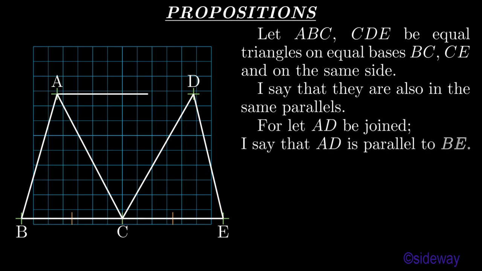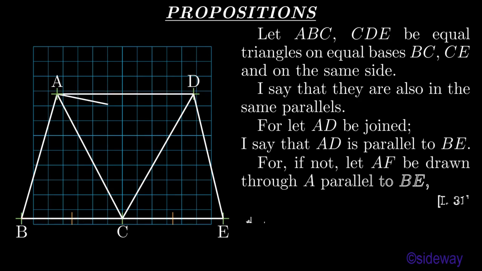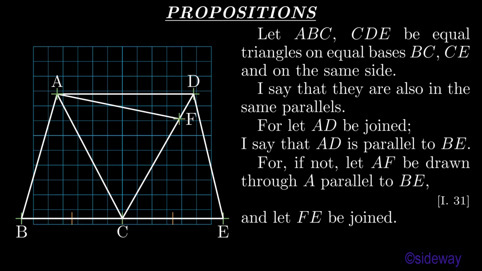For let AD be joined. I say that AD is parallel to BE. For if not, let AF be drawn through A parallel to BE. By Book 1 Proposition 31. And let FE be joined.